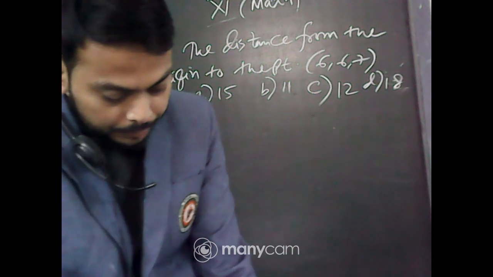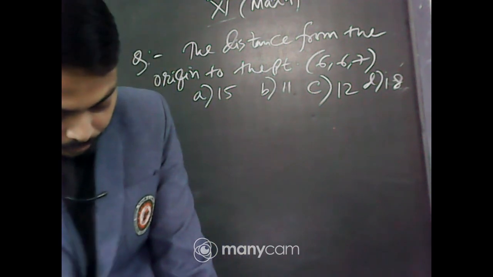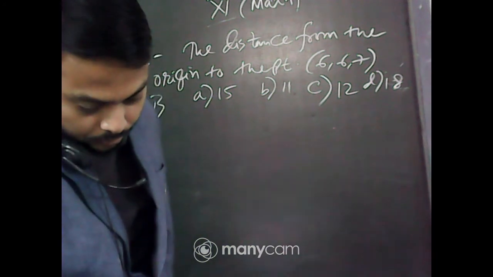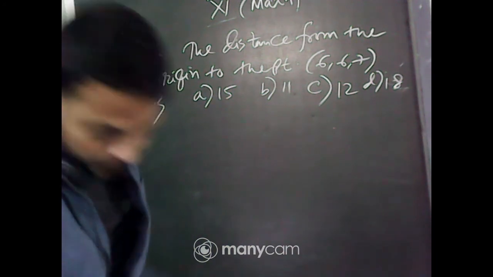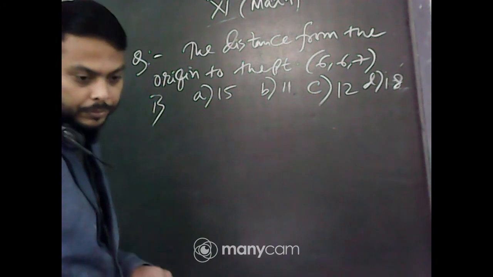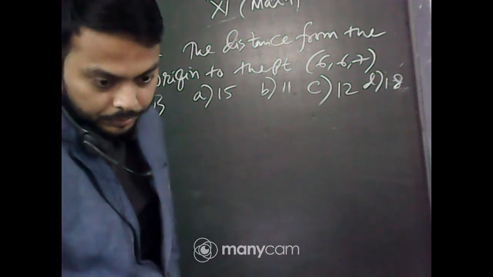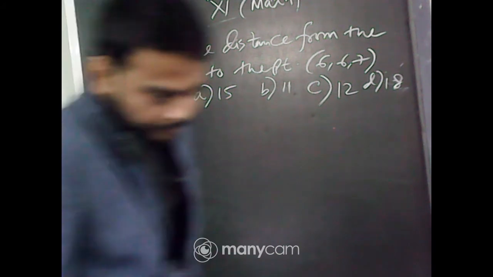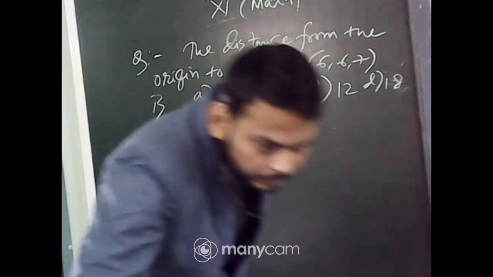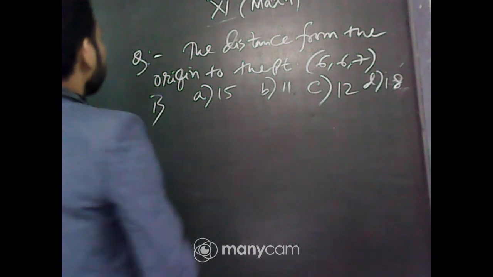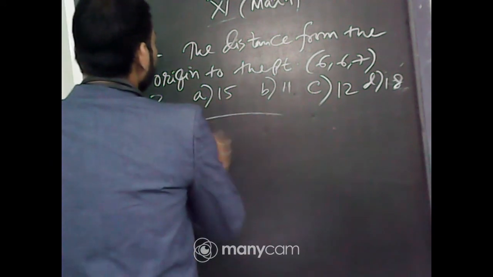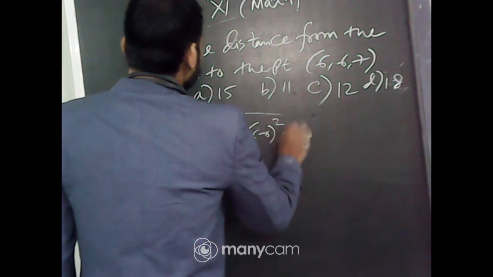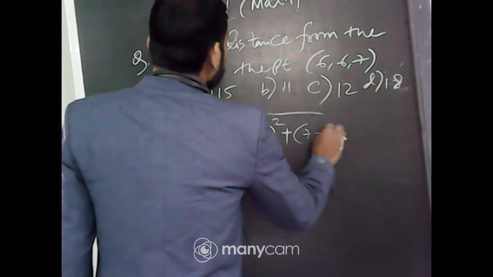Tell me, Vishal. I am waiting. The distance will be root over (6 minus 0) whole square plus (6 minus 0) whole square plus (7 minus 0) whole square.